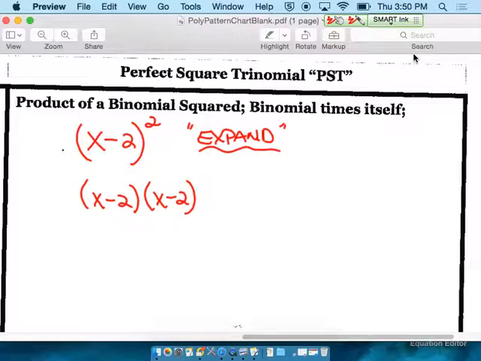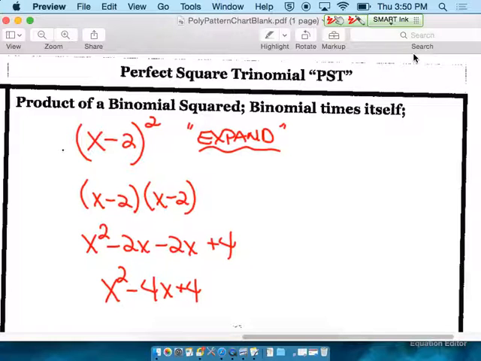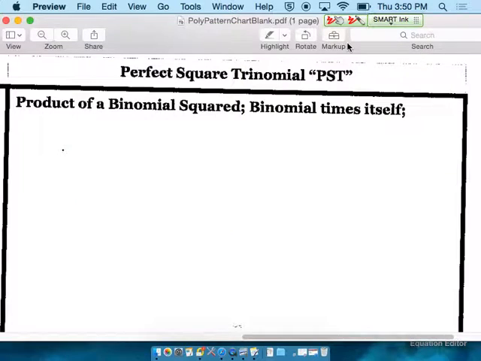That means you're going to write it as x minus 2 times x minus 2. And this gives me x squared minus 2x plus 4. And then to clean that up, that's x squared minus 4x plus 4. And let's do one more, and then we want to look at it in the reverse.